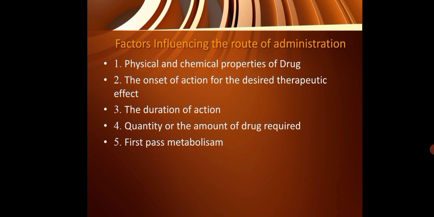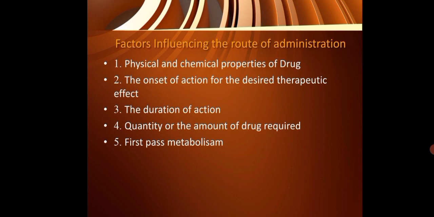Lastly, I mentioned here first pass metabolism of the drug. Most drugs given via the enteral route are well absorbed in the intestine. However, only a proportion of the drug reaches the systemic circulation. As I mentioned earlier, it has a low bioavailability.